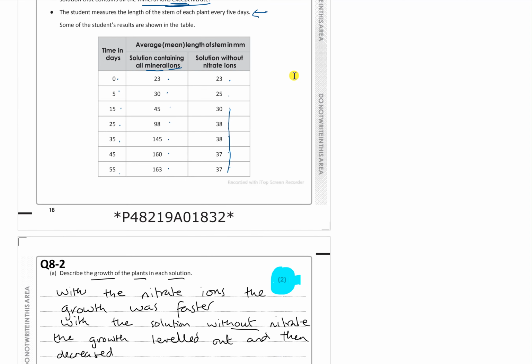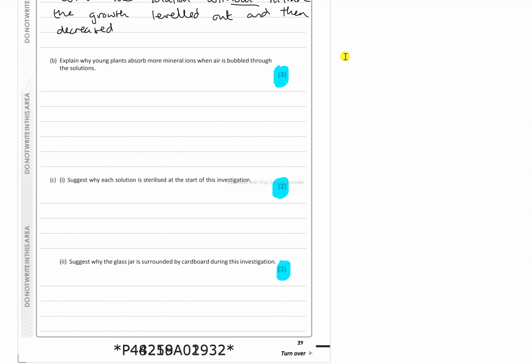So it stopped growing and then it started decreasing. Let's have a look. So look, it went up, up, up, up, up, up, leveled out here, and then started decreasing slightly. That's all we've described.